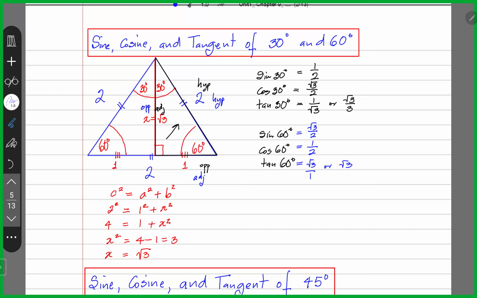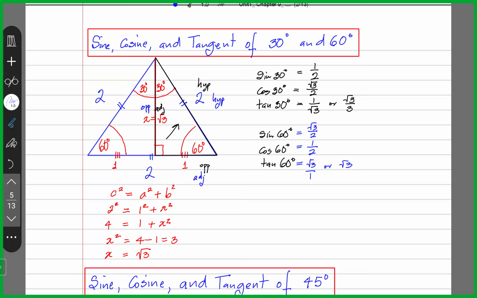So if I wanted to know what is the sine, cosine, or tangent of 30 or 60 degrees, if I want to say what the exact value is, this is the process I would go through.